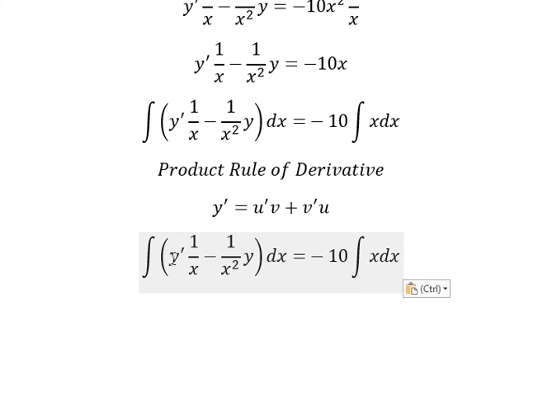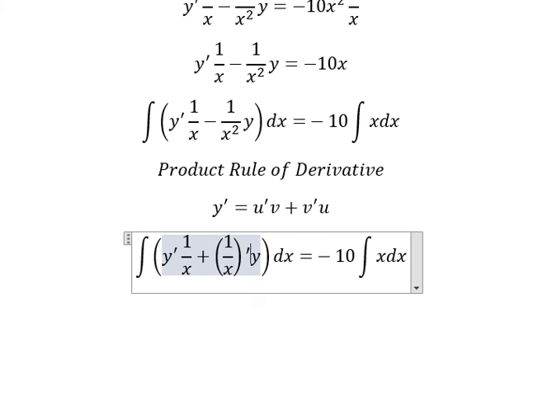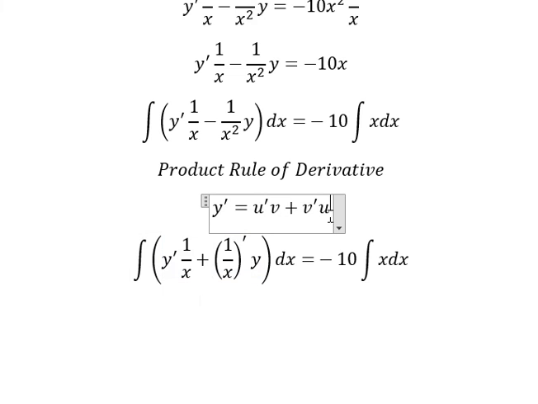Now, if we look carefully, this is the first derivative of u multiplied by v. This is the first derivative of v multiplied by u. So, if we do this integration, you get y equals uv.